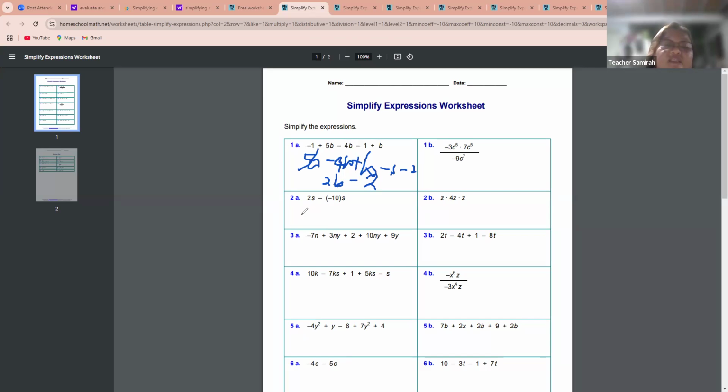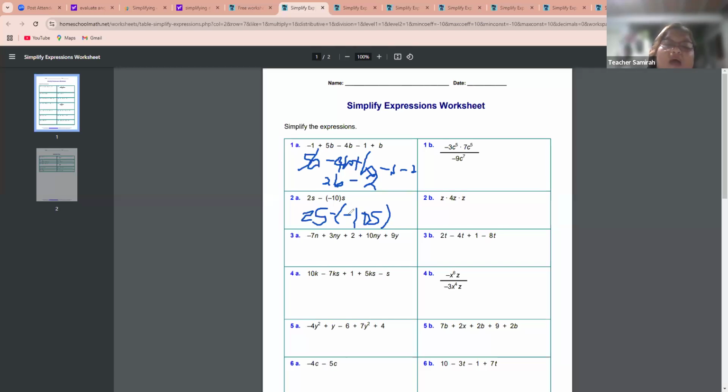So 2s, look at this, 2s minus, I'm going to multiply first what is inside the parentheses and the s. So it will give me negative 10s, right? And then after which, negative times negative. The outside negative will be multiplied to the inside negative.